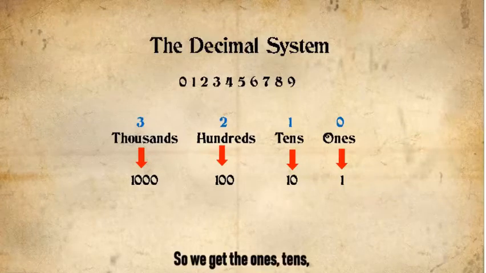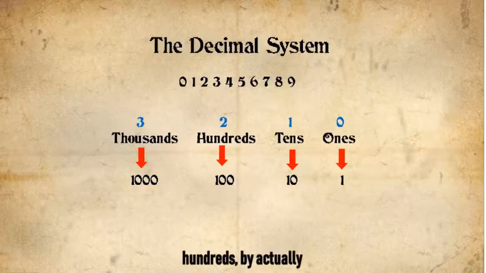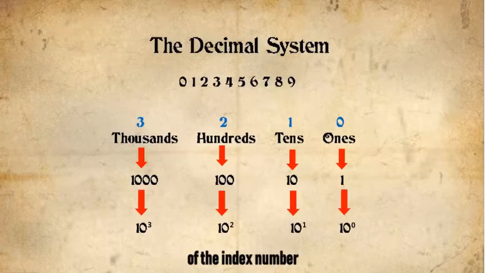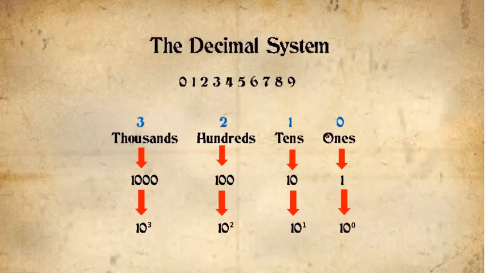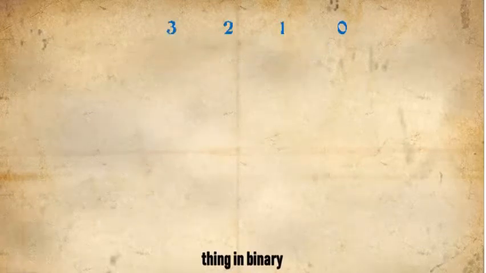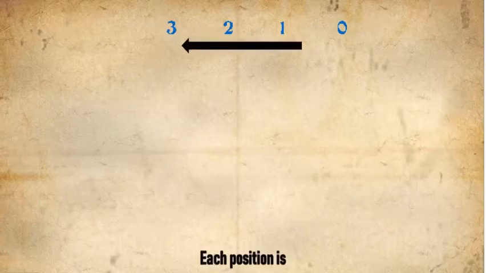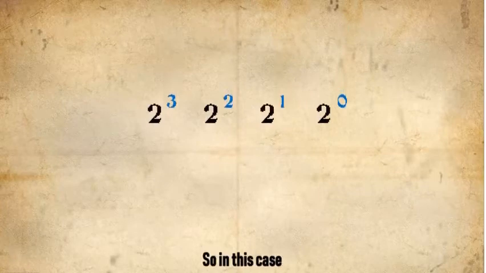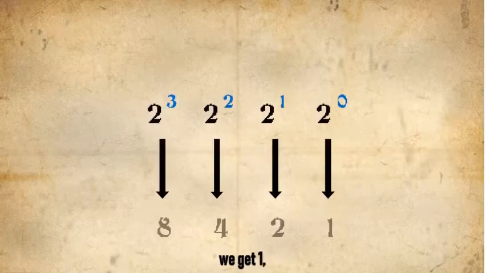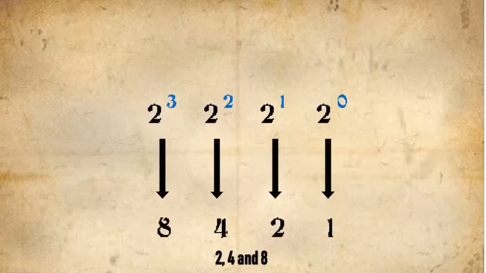So we get the ones, tens, hundreds by actually having 10 to the power of the index number of that position. It's the exact same thing in binary. So we start from index 0 from the right. Each position is allocated the base of 2 to the power of that index. So in this case, we get 1, 2, 4, and 8.